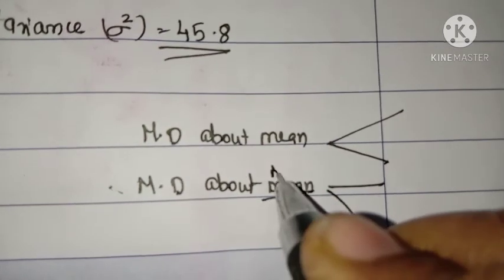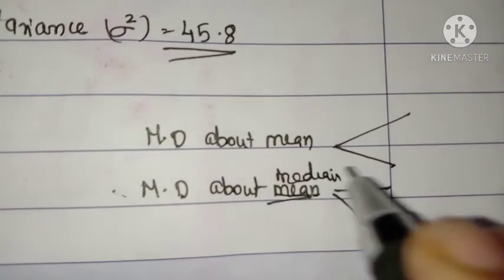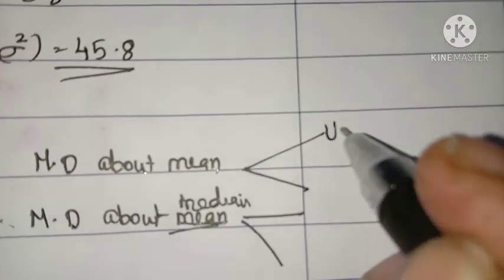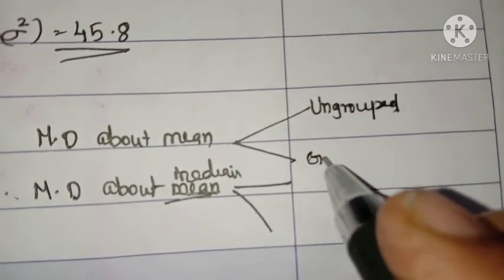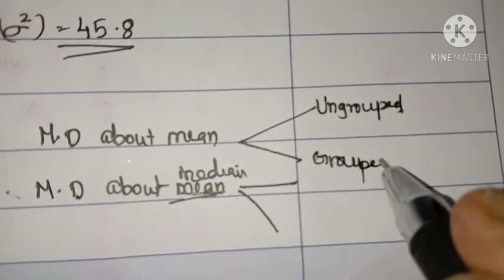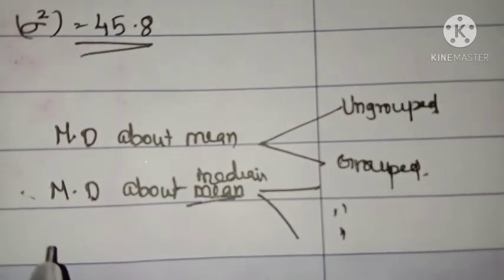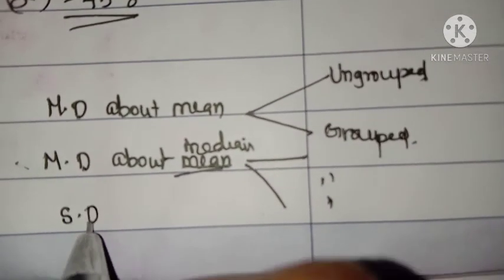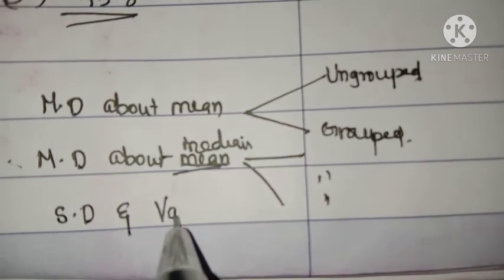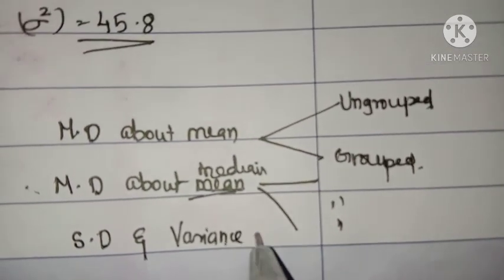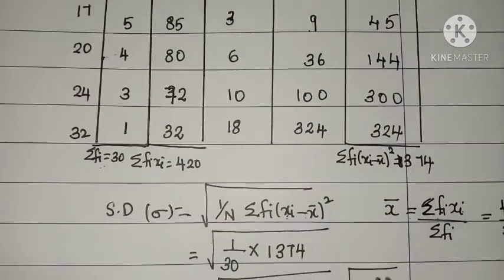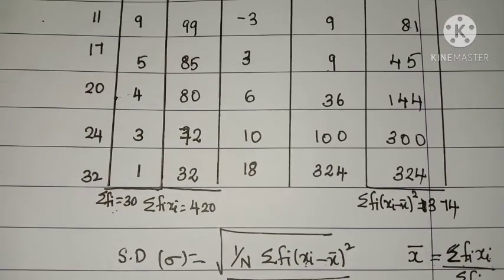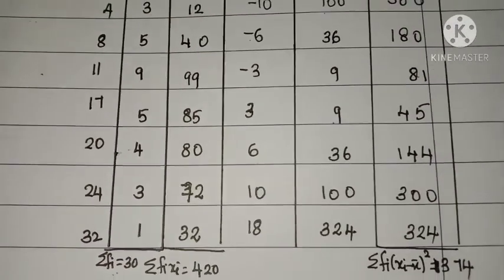Learn the formulas by heart, then you can easily solve the problems. And similarly, standard deviation and variance. So that's about our chapter statistics. Go through the exercise questions. Learn the formulas by heart, once again I remind you, and attend the test paper.